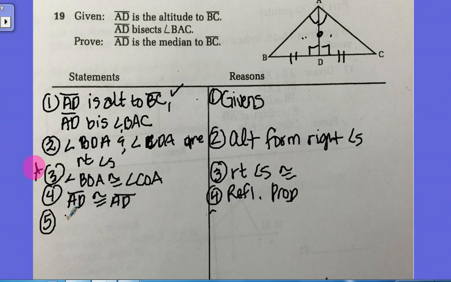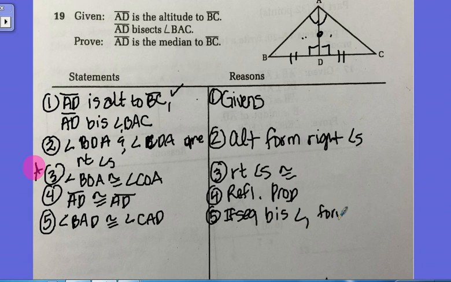Sorry about that. Alright, so we're going to say that angle BAD is congruent to angle CAD because if a seg bisects an angle, it forms two congruent angles.